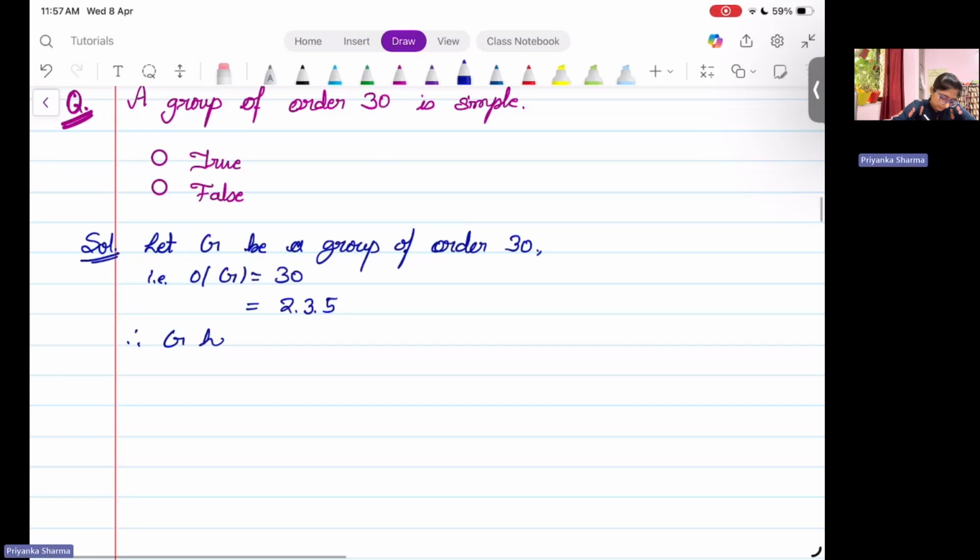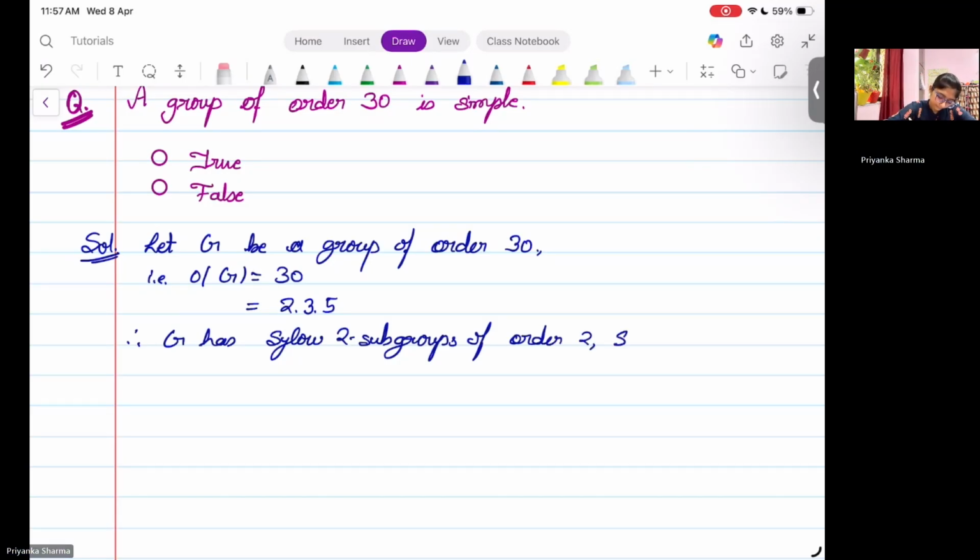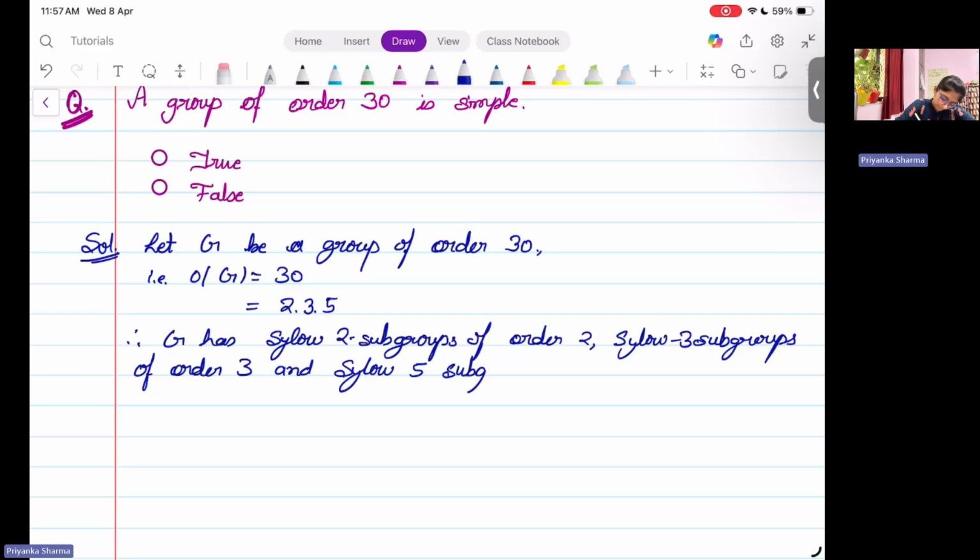Therefore, G has a Sylow 2 subgroup of order 2, a Sylow 3 subgroup of order 3, and a Sylow 5 subgroup of order 5.